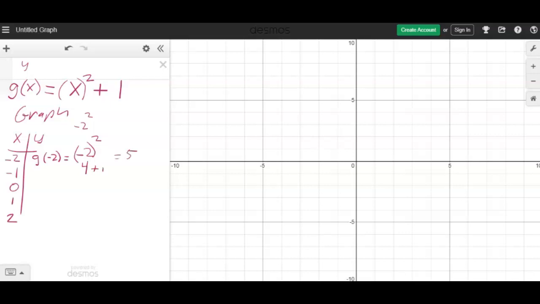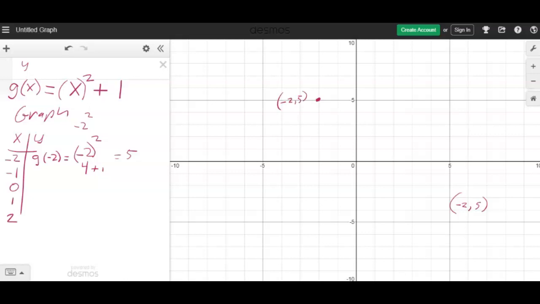So on your graph, I guess I'll write our points over here, you're going to have the point -2, 5. That's going to be a point on your graph. So -2 is start at the origin, move 2 to the left, and go up 5. That's your -2, 5.